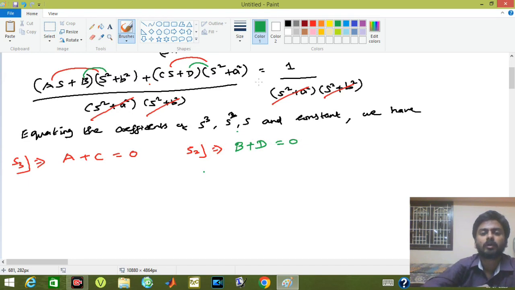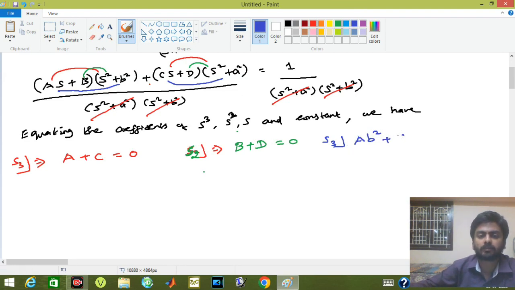Now the coefficient of s will be obtained from b square into a s and a square into c s. So the coefficient of s will be a b square plus c a square equal to 0.